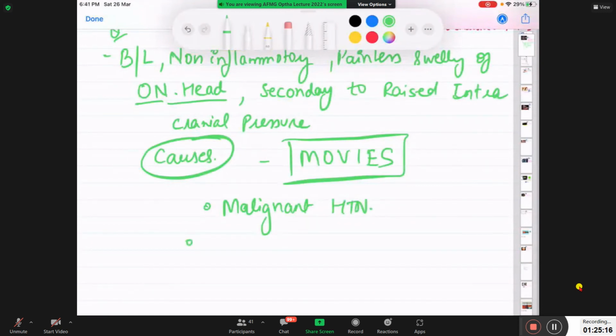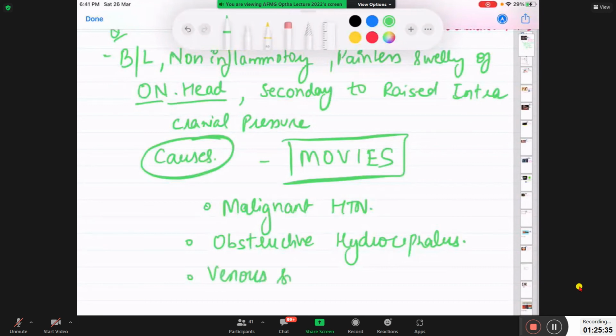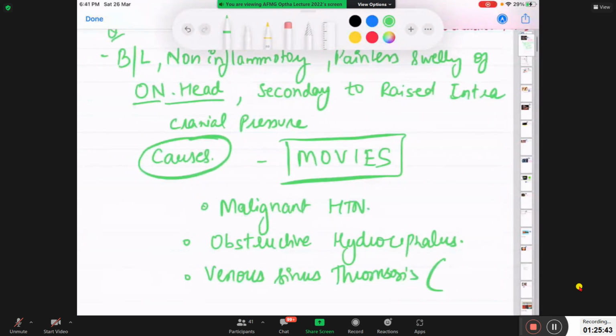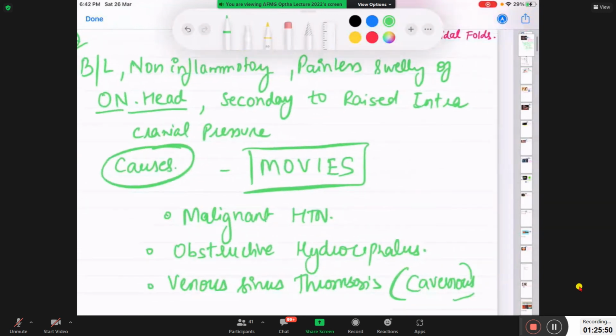O stands for obstructive hydrocephalus. V stands for venous sinus. Which venous sinus? Cavernous venous sinus thrombosis.